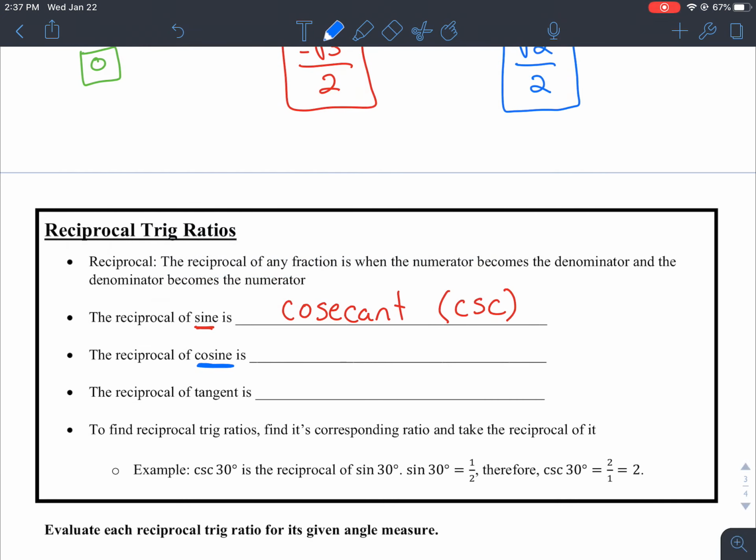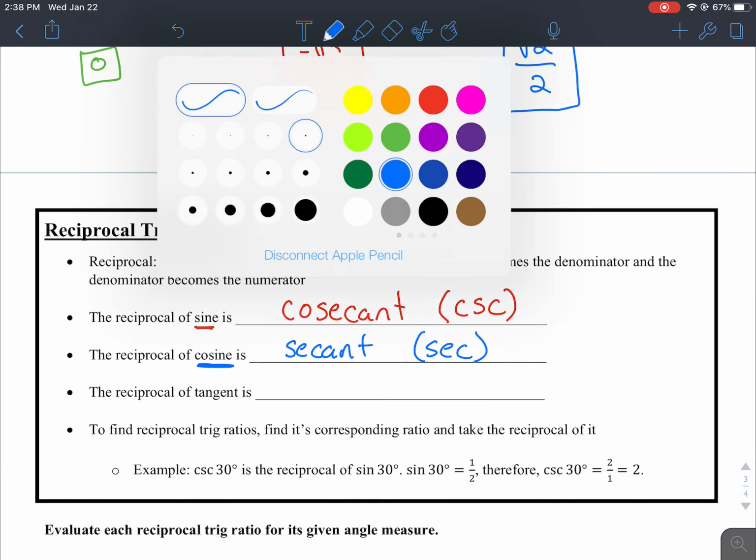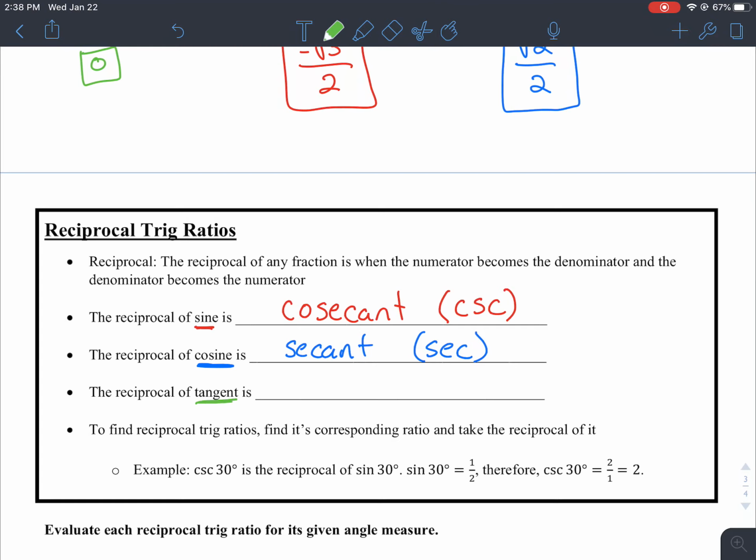The reciprocal of cosine is just called the secant, and that's abbreviated as SEC. And lastly, the reciprocal of tangent is called the cotangent, and that's abbreviated as COT.